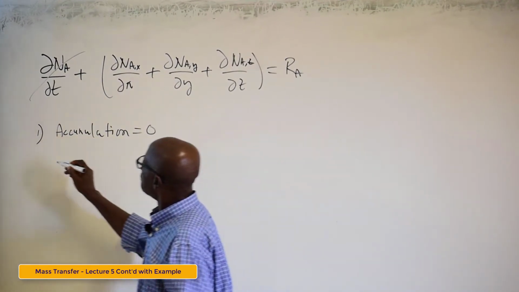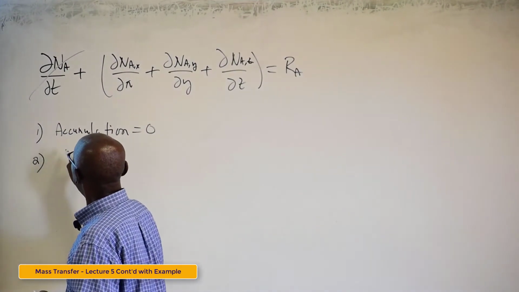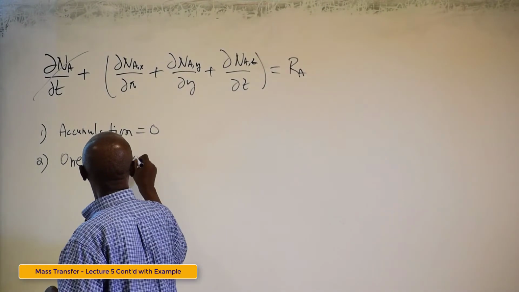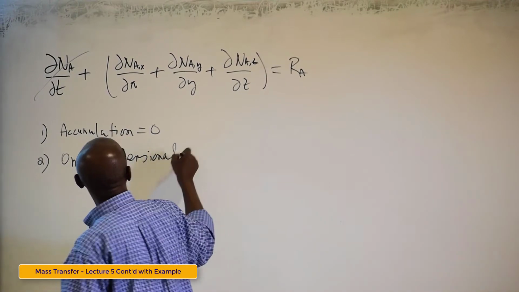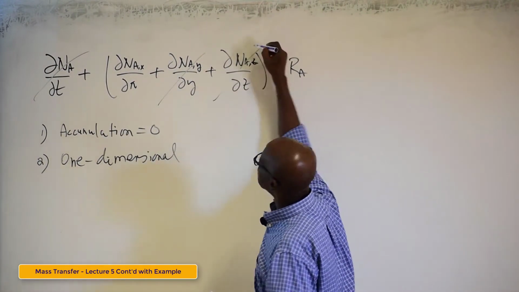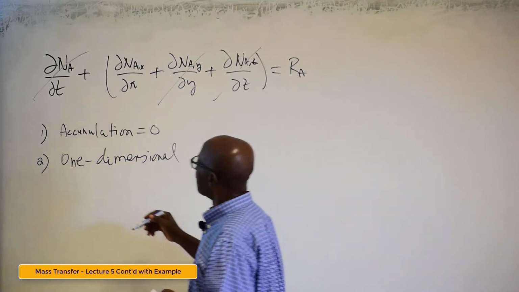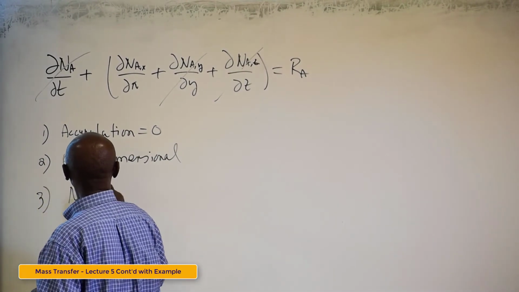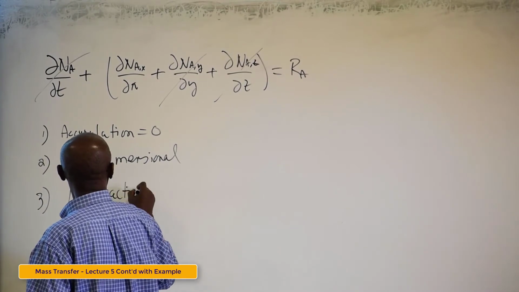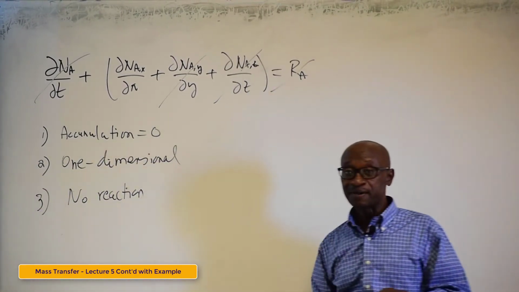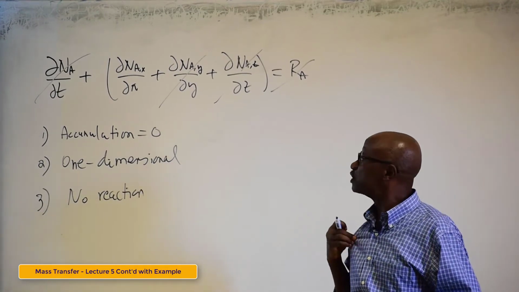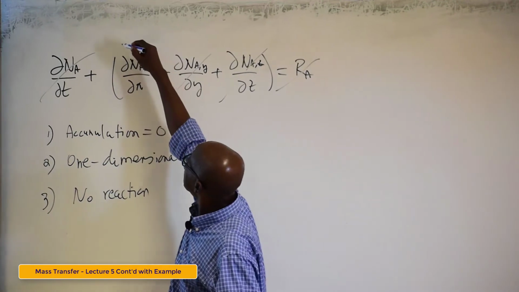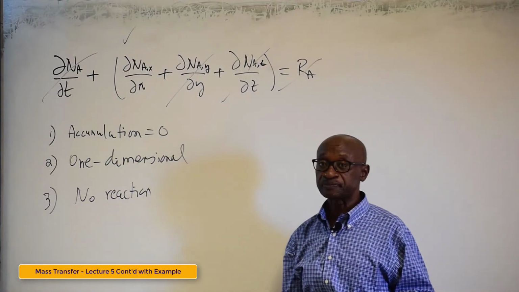And then we also said the flow is one-dimensional, in which case two terms drop out. And we also said a third condition. We said there's no reaction. By doing that, this term also dropped out. And when we did that, we were left with only this equation.